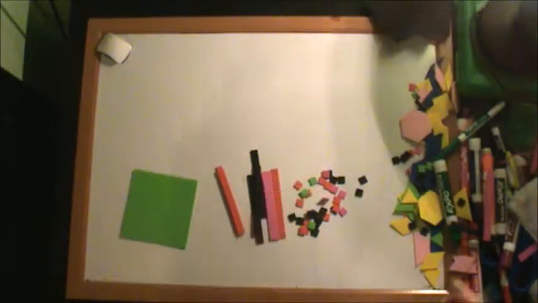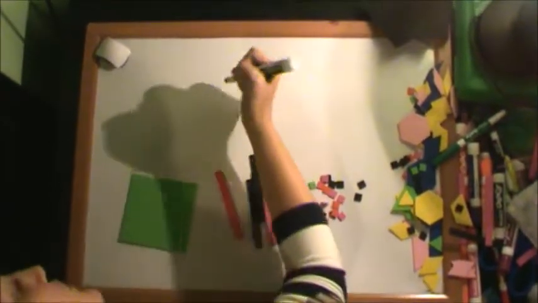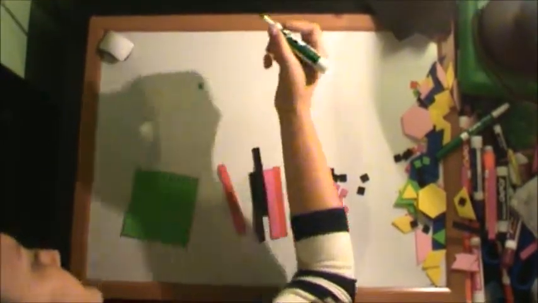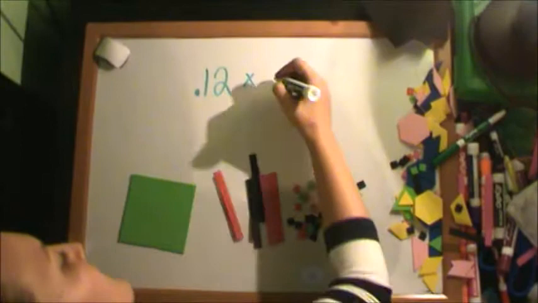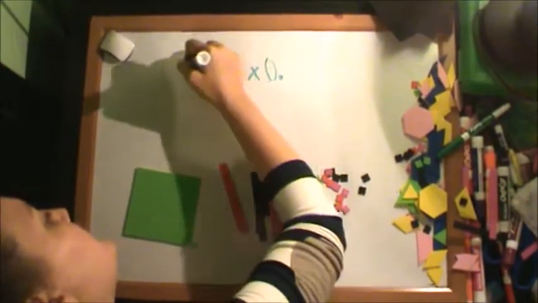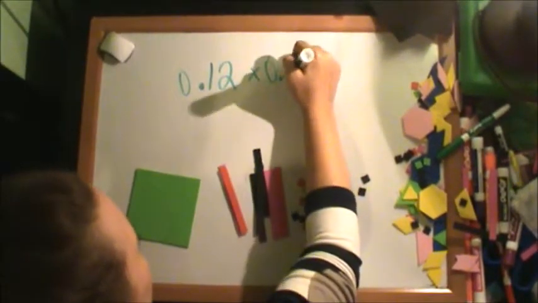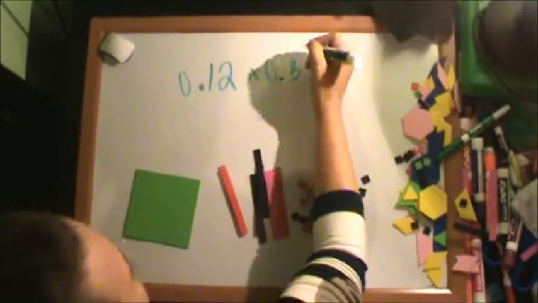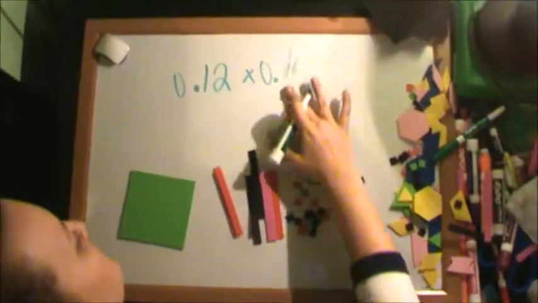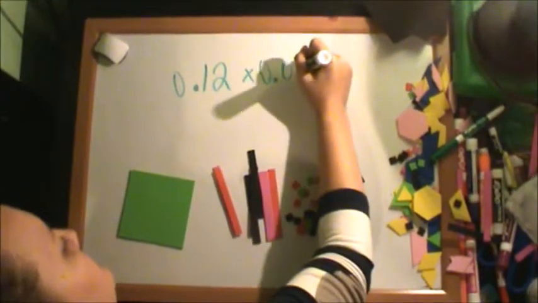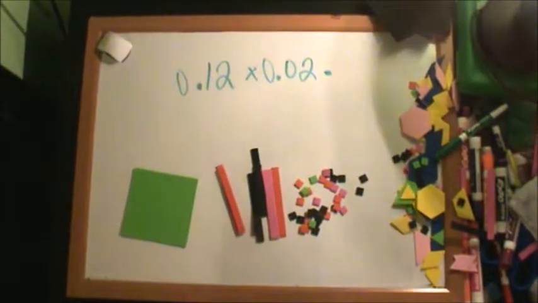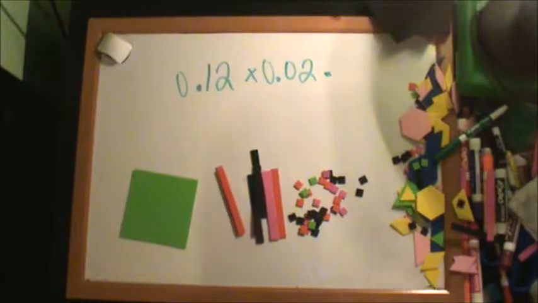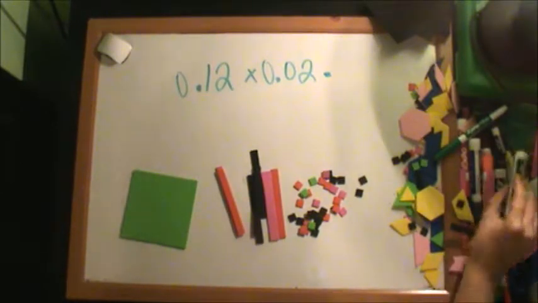So for multiplication, let's do something I have enough for. I don't have enough for that. Just kidding. Alright, I should have enough for this one. So I have 12 hundredths times 2 hundredths.